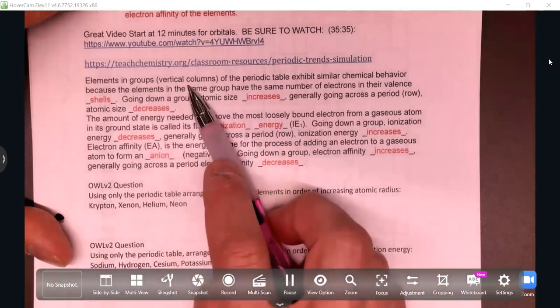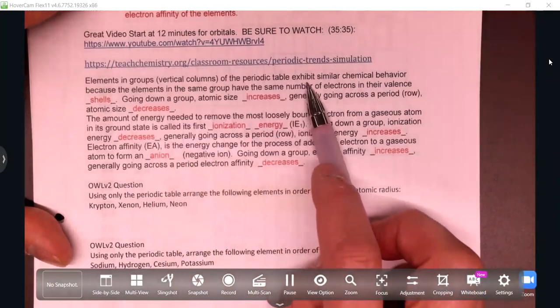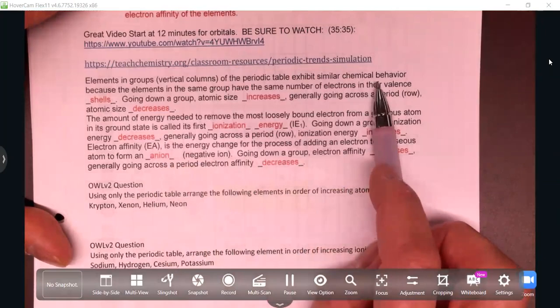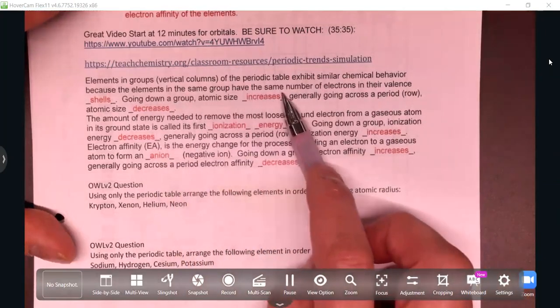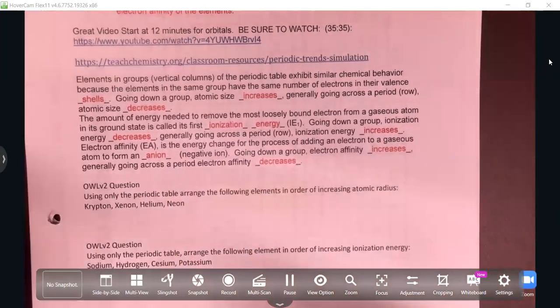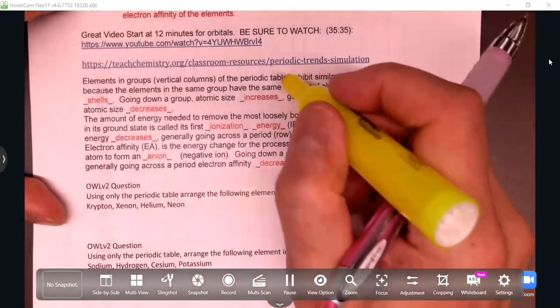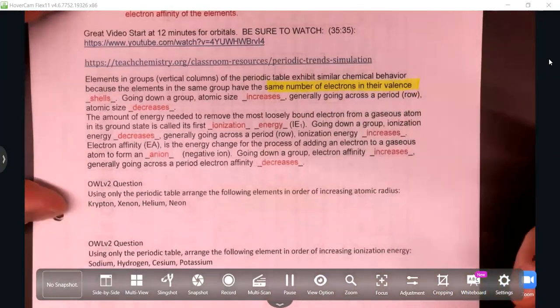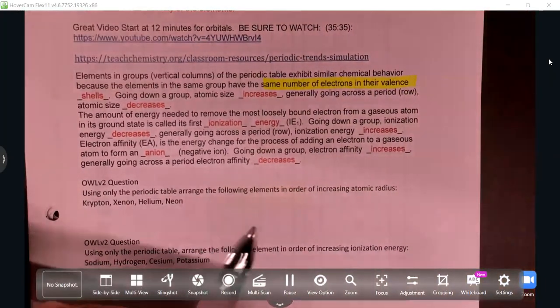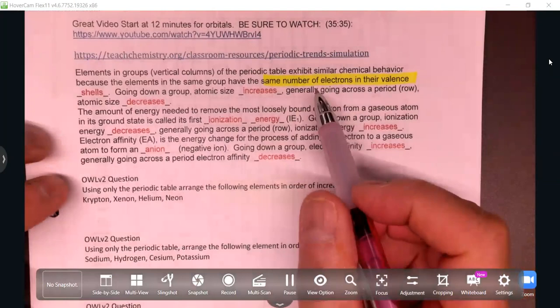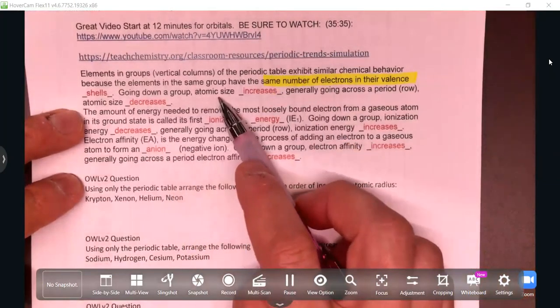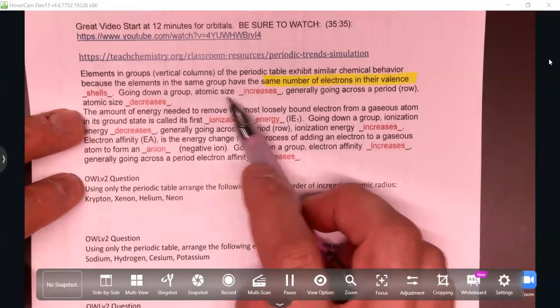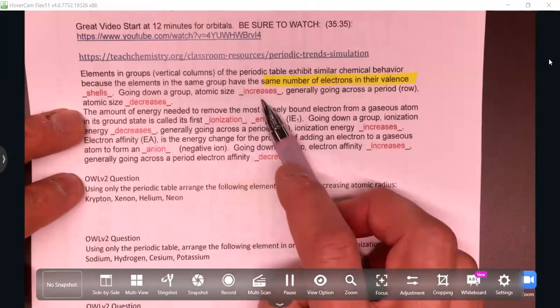Elements and groups: vertical columns of the periodic table exhibit similar chemical behavior because the elements in the same group have the same number of valence electrons. Same number of electrons in their valence shell. Going down a group, if we just talk about atomic size, atomic size increases.